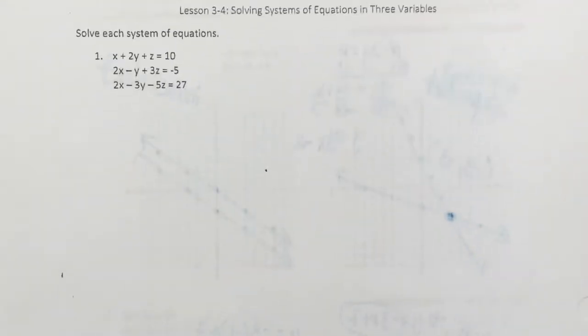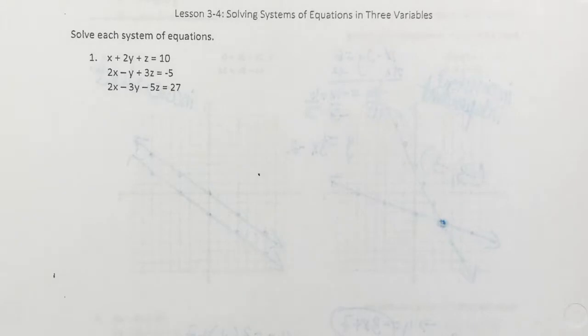We're on number 1. All right, now, this stuff is a little different than what we've been doing. But we're going to use the same exact method. So, what do you notice about all 3 of these? There's 3 variables, there's 3 equations. Yep.